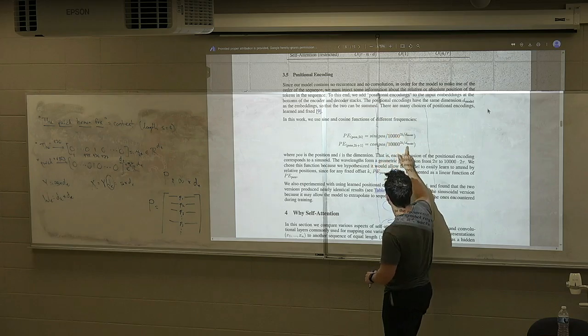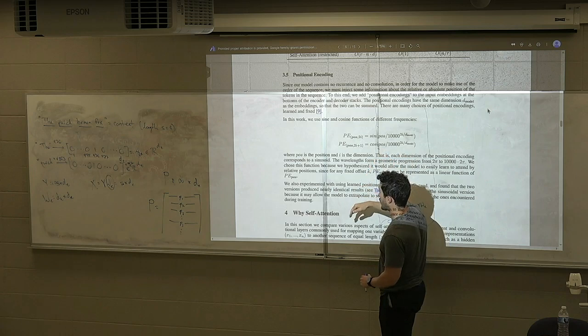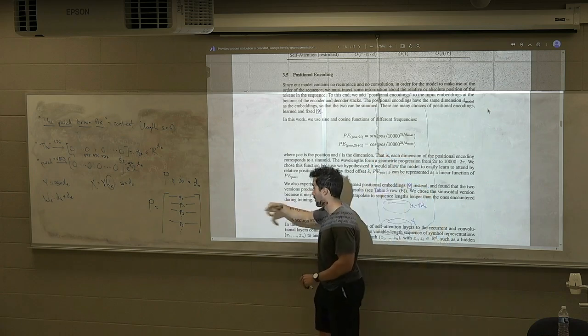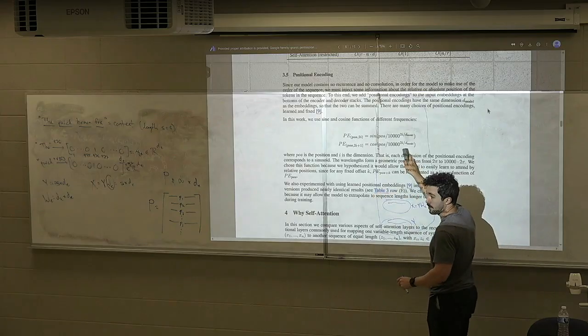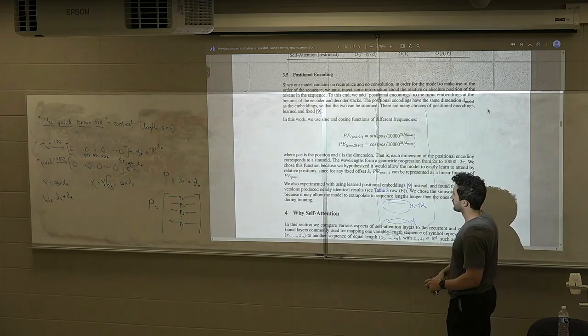I think the model is the embedding space dimension, DE in that case. And position is just what row you're on. So that's like P1, 1 would be position. And then you just put I as the column, or 2I as the column, maybe minus 1.